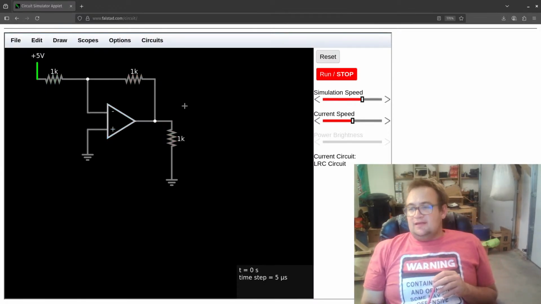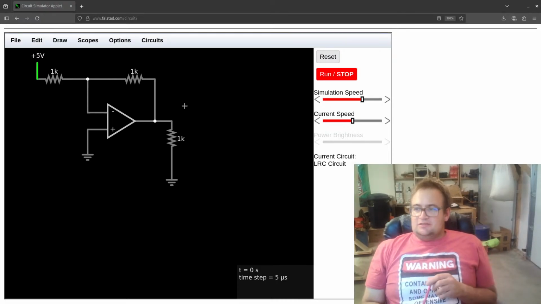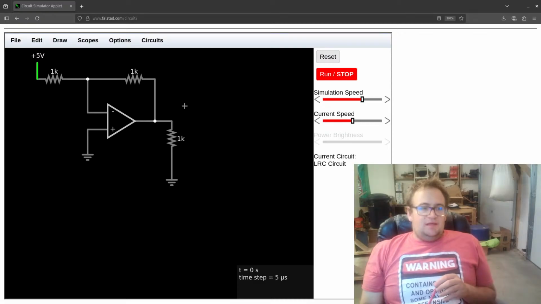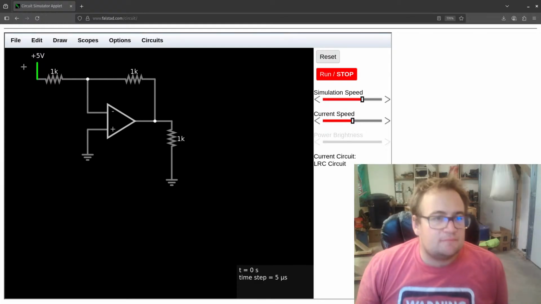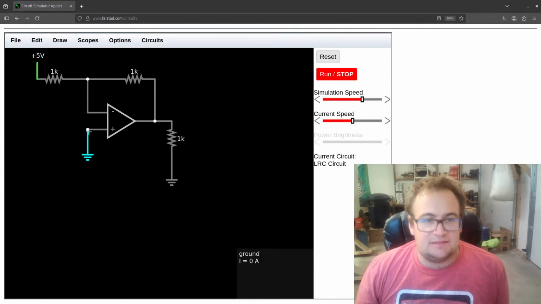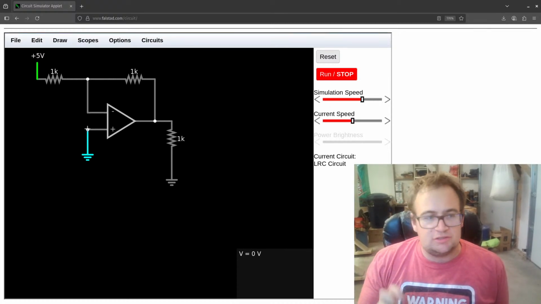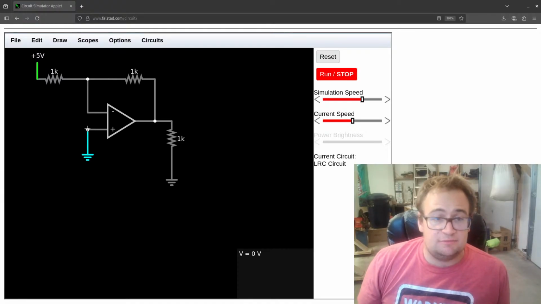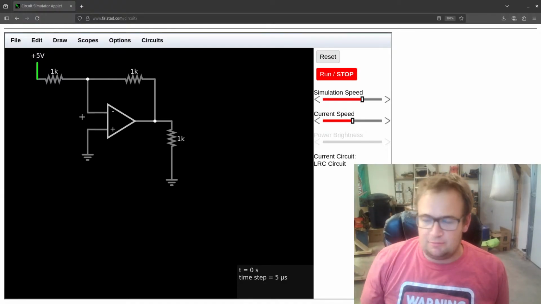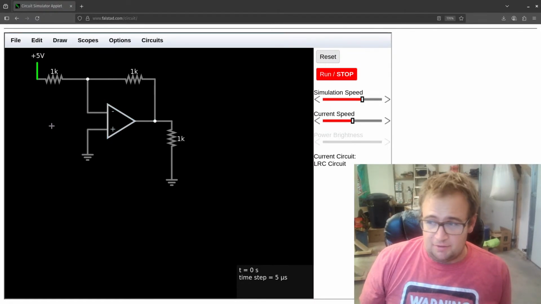Now we can think just ourselves here. So if this is 5 volts here, and this is at ground, one of our golden rules of op amps, as said in this book and almost every other book, is that this voltage and this voltage are the same in a perfect op amp.